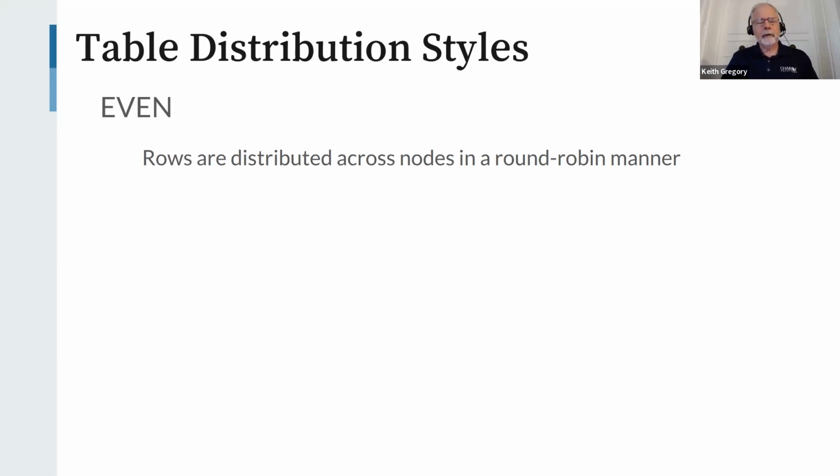The pair or partner for even is all, which says you replicate the rows. And all is appropriate for a dimension table. Because remember, you have to have the rows that you join on the same node. Let's say you're doing a dimension table of store ID. You could have stores in an evenly distributed table.